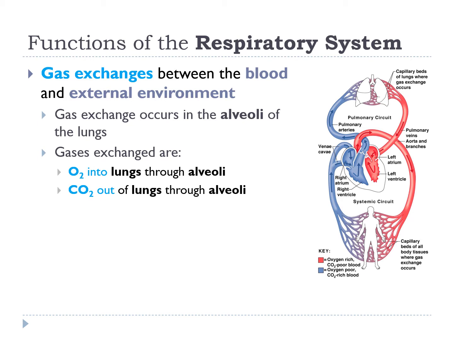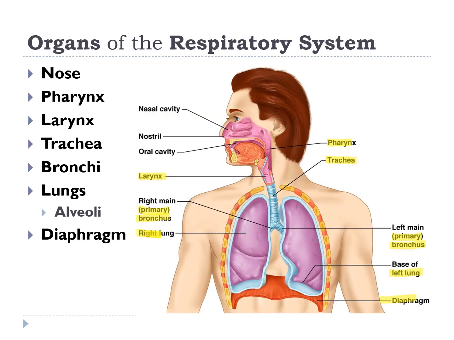The gases exchanged are oxygen that goes into the lungs and into the blood through the alveoli, and carbon dioxide, which goes out of the lungs from the blood through the alveoli, and then it is expelled through your upper respiratory system back into the environment.